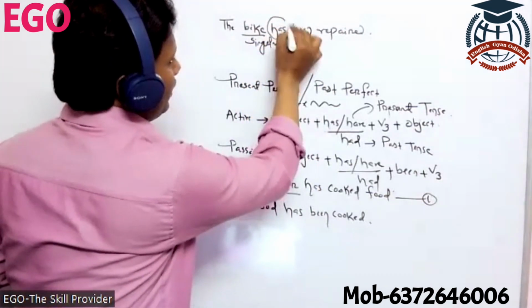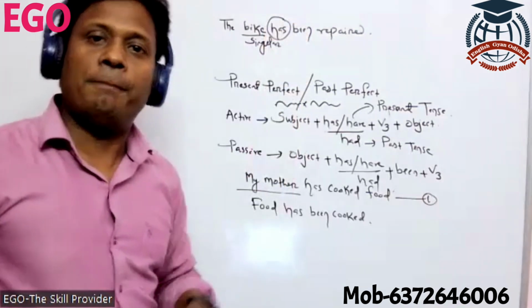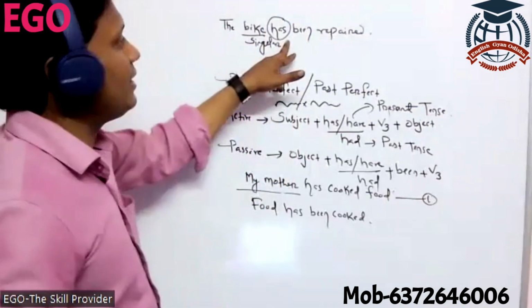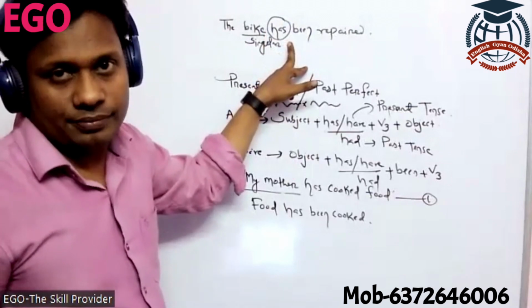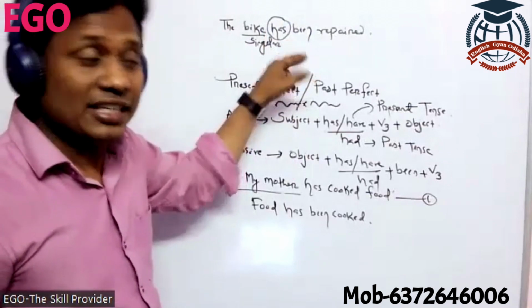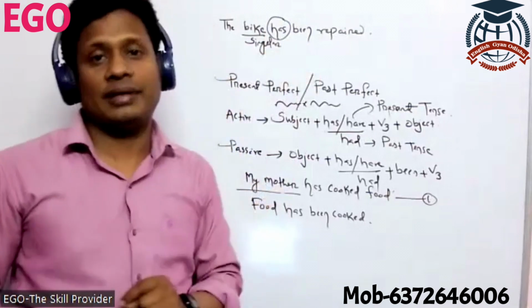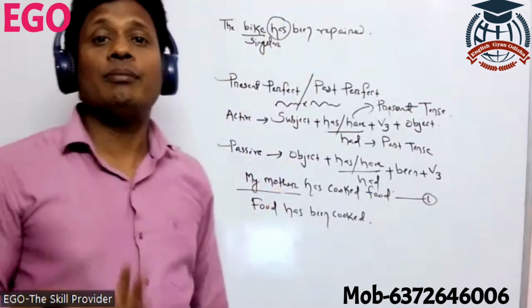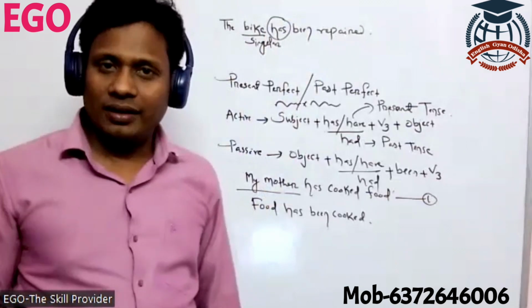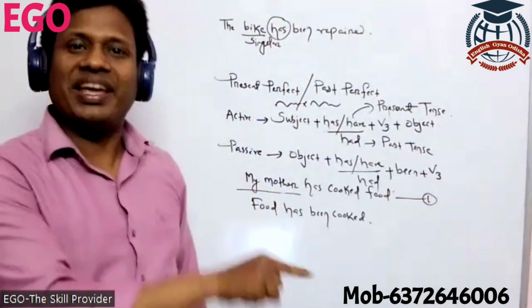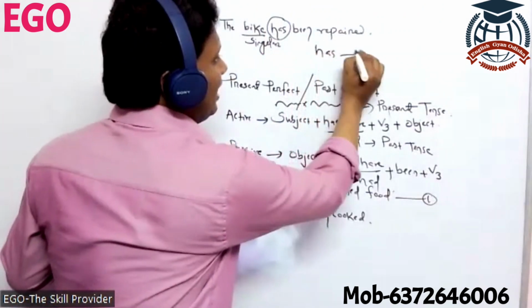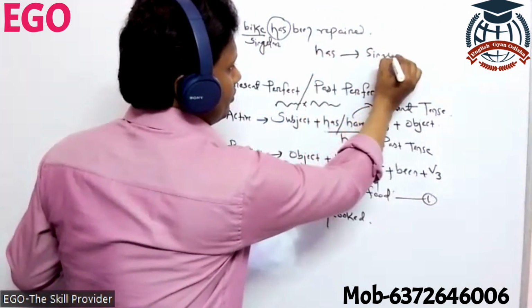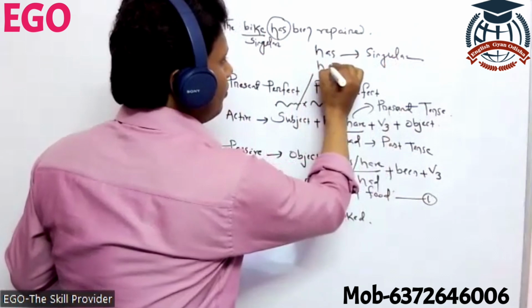So I used has. If it were bikes, then it would have been have. Subject verb agreement. That is called subject verb agreement. The verb needs to agree with the subject, like I say I am going, we are going, he is going, they are going. Similarly, has is used for singular, have for plural.